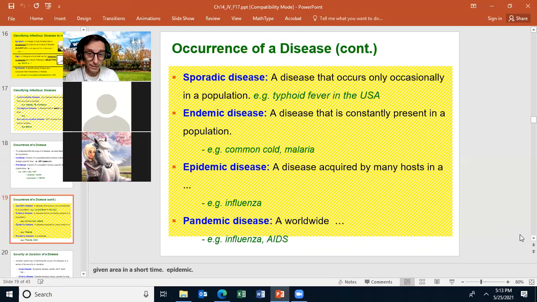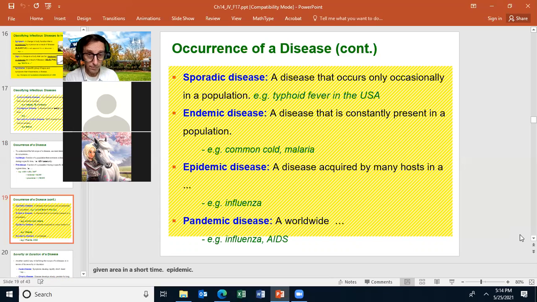An epidemic disease is a disease acquired by many hosts in a given region over a short period of time. Like every so often, I think it's about once in 10 years, we have an epidemic of influenza start, and this will quickly become pandemic, where it becomes worldwide.